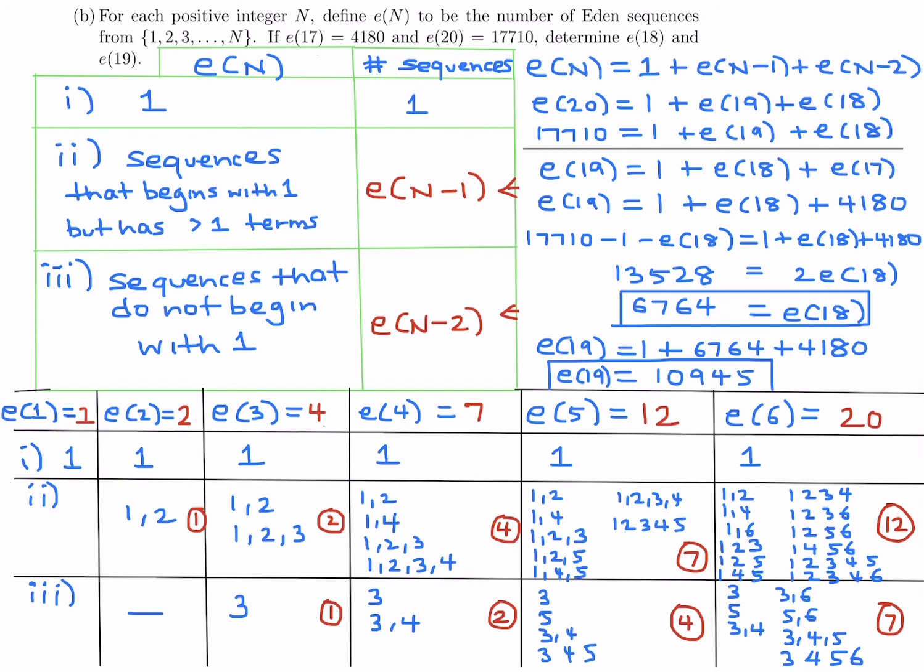So there you go. Those are the answers to this very challenging question. E18 is 6764 and E19 is 10945 based on the pattern that we identified, that e to the n is equal to 1 plus e to the n minus 1 plus e to the n minus 2.